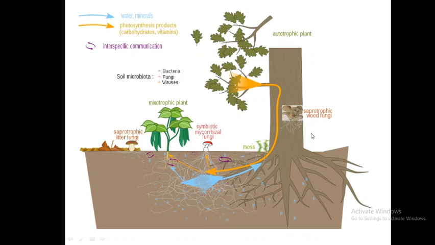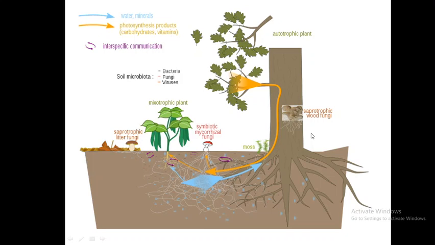The formation of ectendomycorrhiza begins with formation of a Hartig net, which grows behind the apical meristem of the growing root. The Hartig net penetrates between the epidermal and outer cortical cells and later extends to the inner cortex.